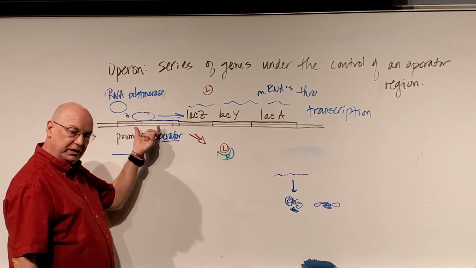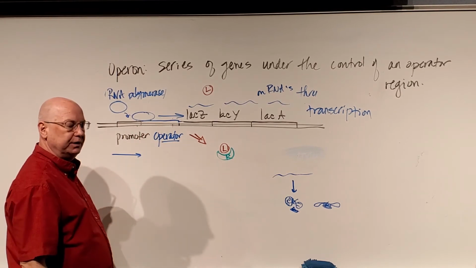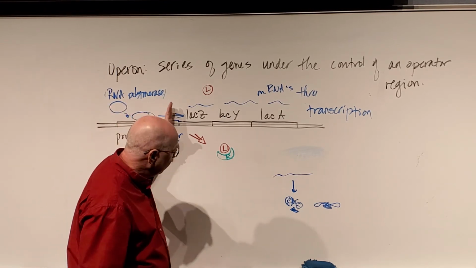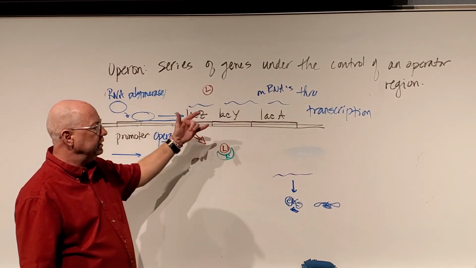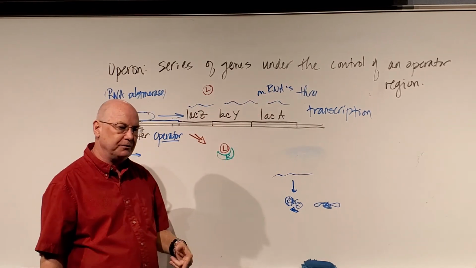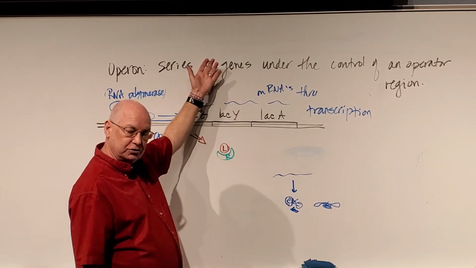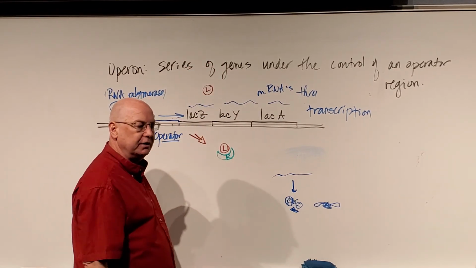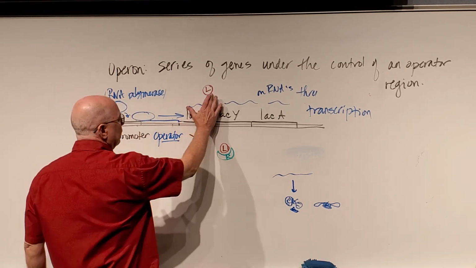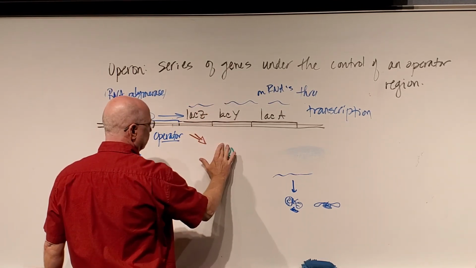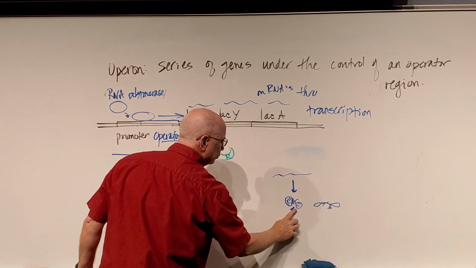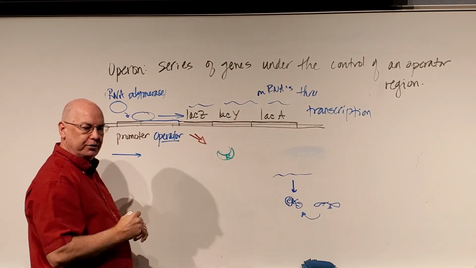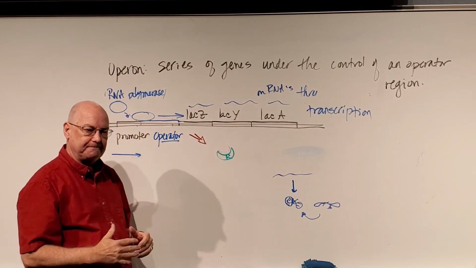As it is released from the operator region in the presence of the inducer, RNA polymerase binds to the promoter and the operator and runs down the genes and transcribes them, and then those will be translated into proteins, and those proteins will allow more lactose to be transported into the cell and broken down for energy. When all of the lactose has been broken down, the repressor can go back to its original shape and bind back to the operator region, shutting the gene off.